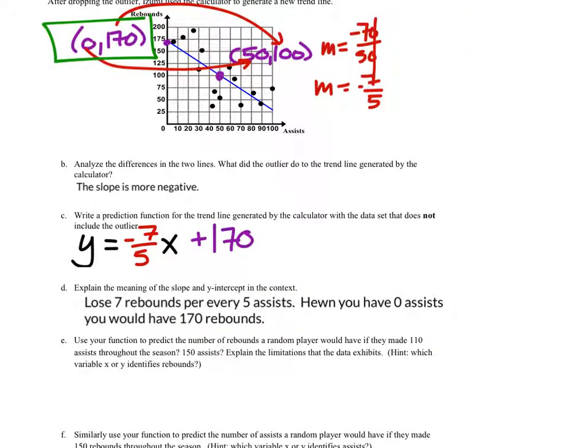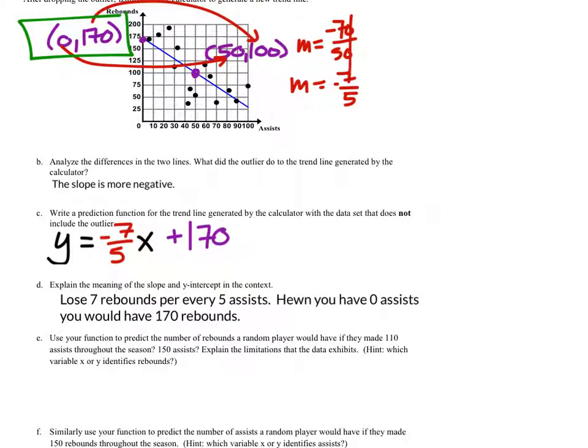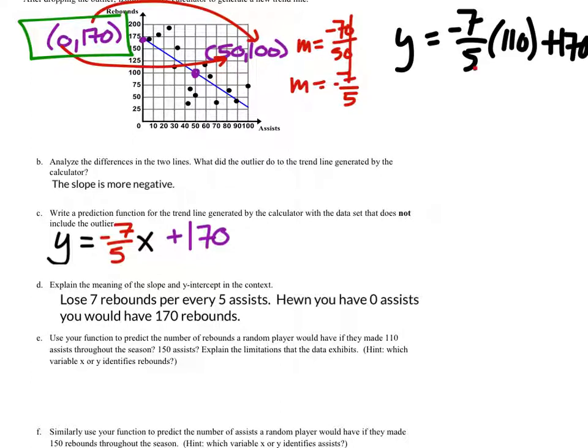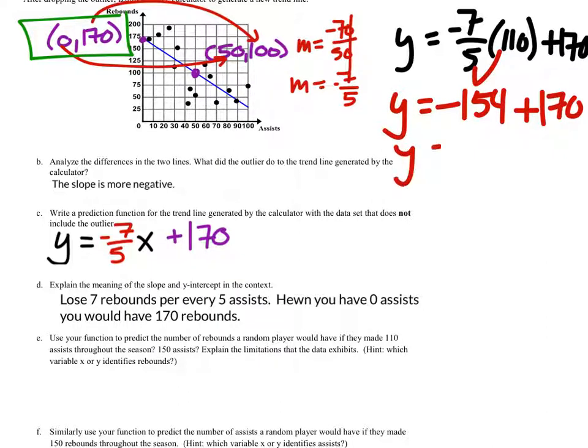All right, use your function to predict the number of rebounds a player would have if they made 110 assists. Assists are X, so this is our function, -7/5 X, but again, we're replacing X with 110, and then we will be adding 170. When we multiply these, I got -154, plus 170 equals Y, and when I combine these, I get 16.